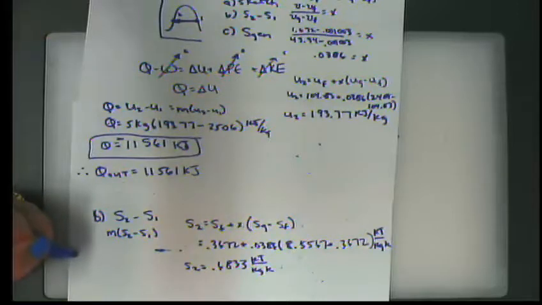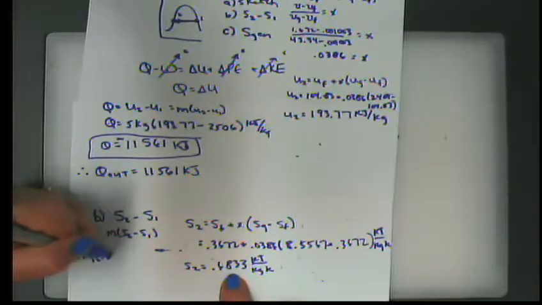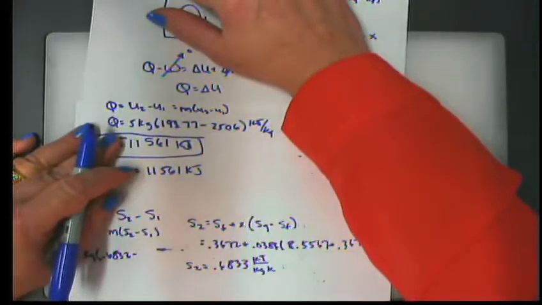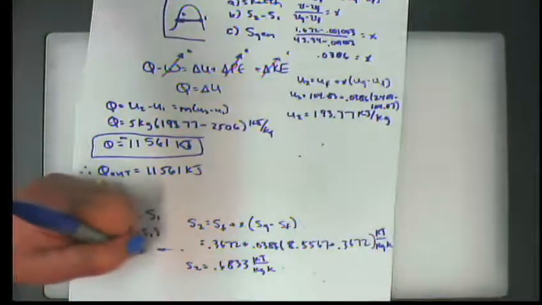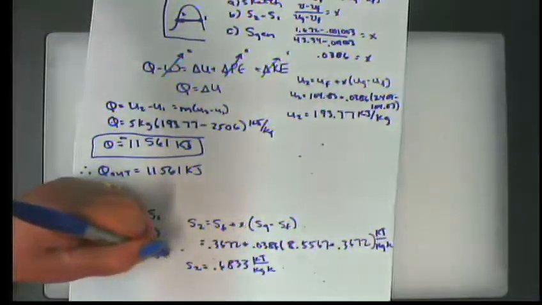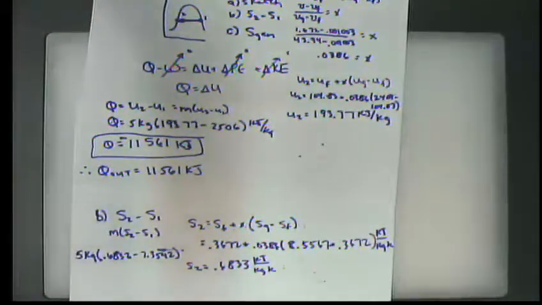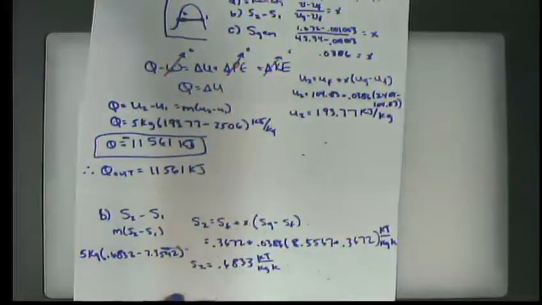So that means if I take my mass of 5 kilograms, multiply it by 0.6832 minus S1, which is S sub G, 7.3542, I get... can you see where I'm working? Right here, yes.